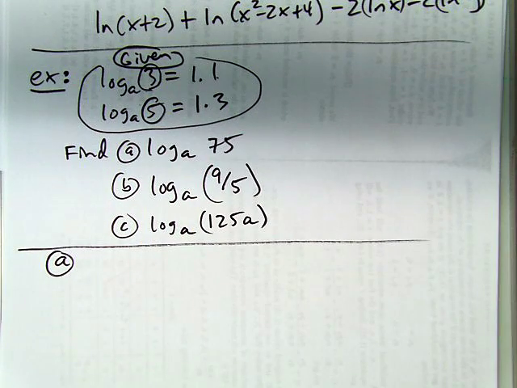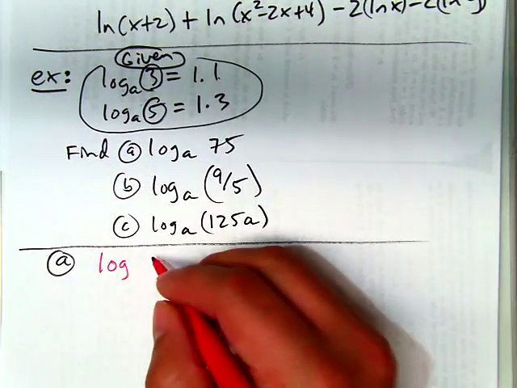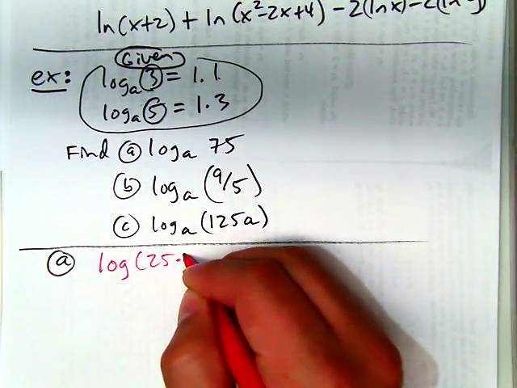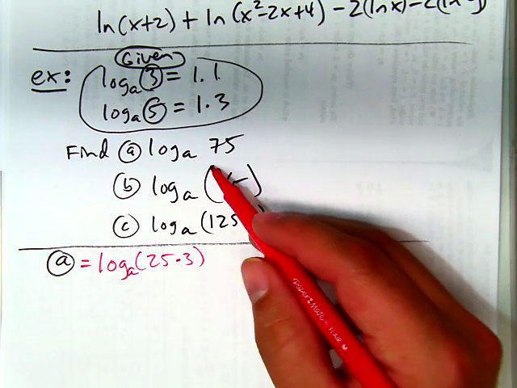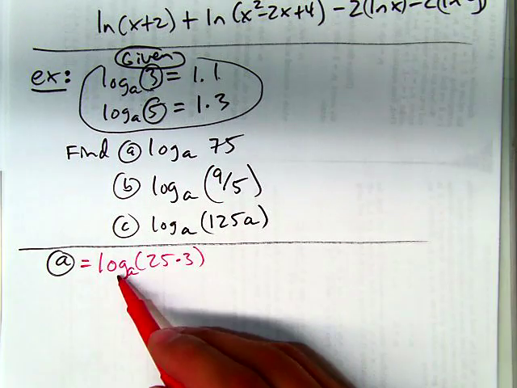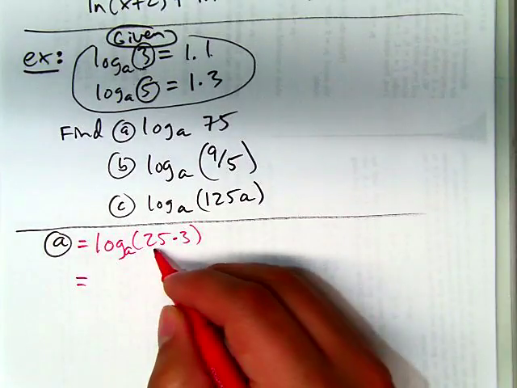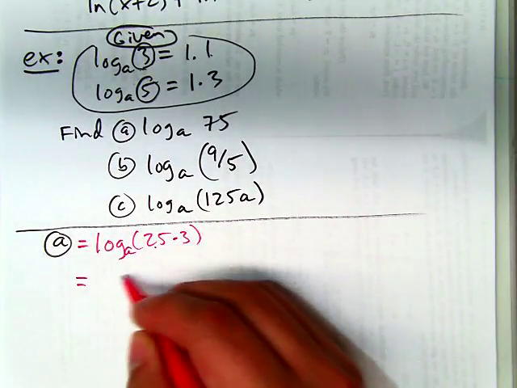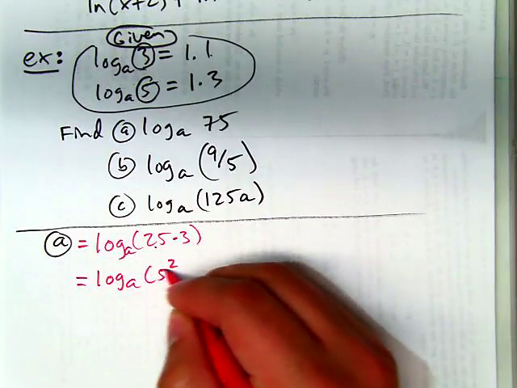So since I know 75 is the same as 25 times 3, I'm going to say that log base a of 75 is the same as log base a of 25 times 3. I haven't changed anything, just rewritten 75 into 25 times 3. And now 25 I know is 5 squared.